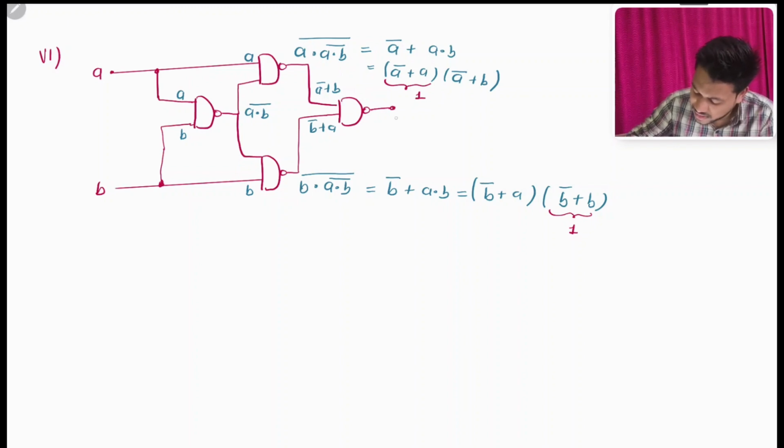Now what will be here? Here will be (A bar plus B) multiplied by (B bar plus A) to the whole bar. Okay, now let's simplify this expression. So first multiply this whole term.